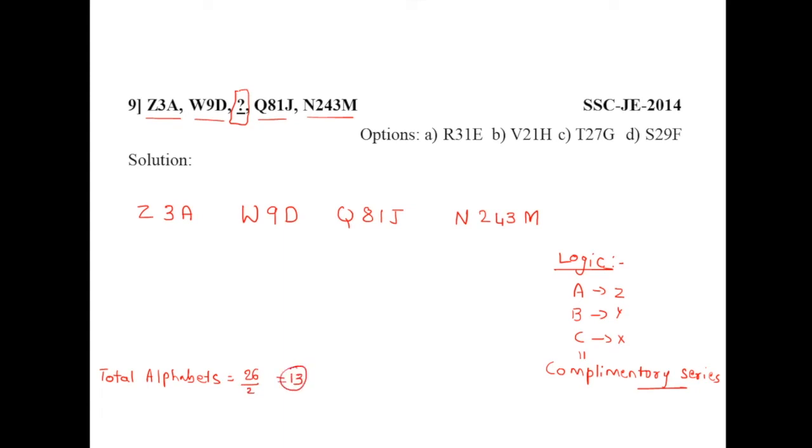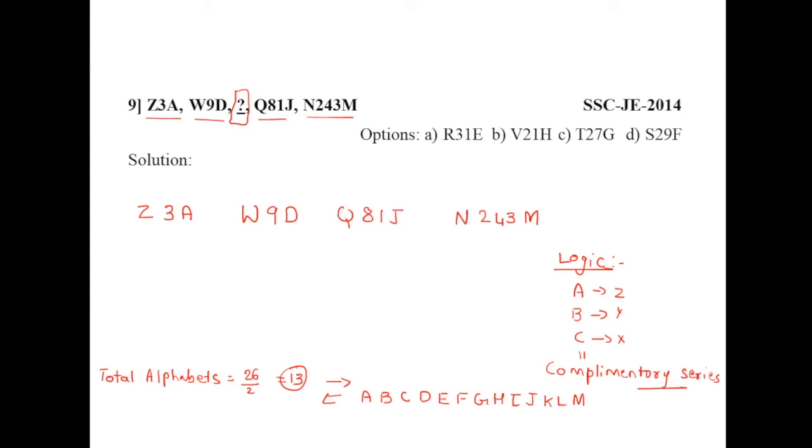The first 13 letters should be written in the forward direction, and the other 13 letters in the reverse direction, that is A, B, C, D, E, F, G, H, I, J, K, L, M. M is the 13th letter.